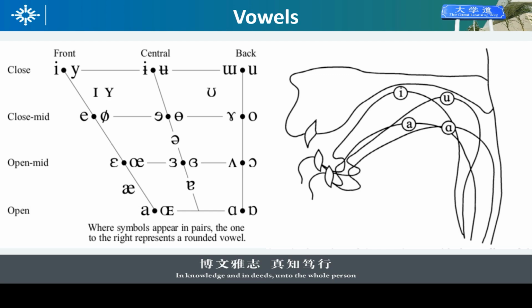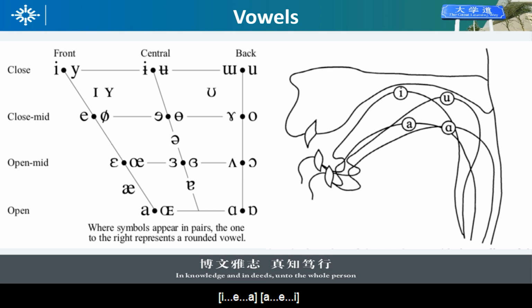So for the upper one, E, you must close your mouth as much as possible, as long as you are still producing a vowel, right? During the process, you can lower your tongue and open your mouth to the extreme.